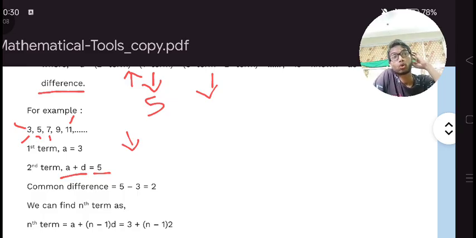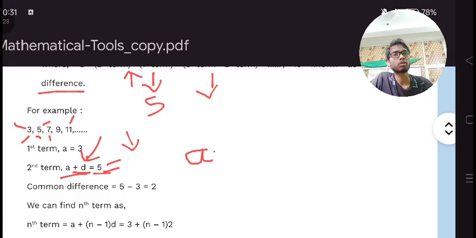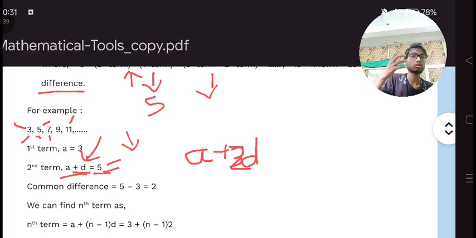So D will be what? 2. Now A is how much? 3. D is 2, and the sum of these gives you 5. So at the second position, what is that number? The number is 5. For third position, A plus 2D.